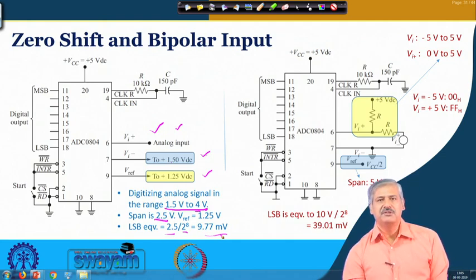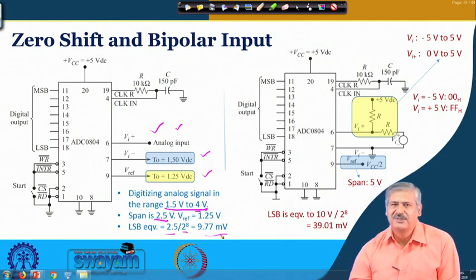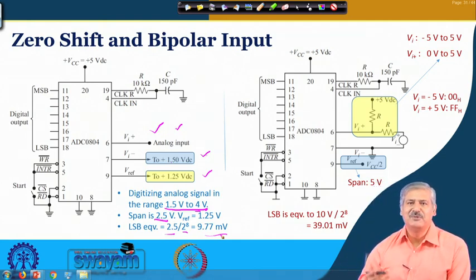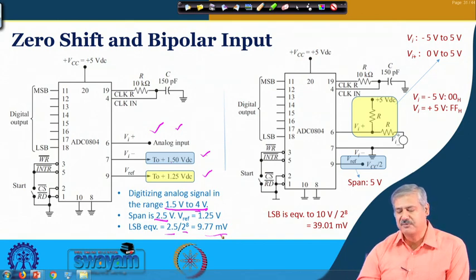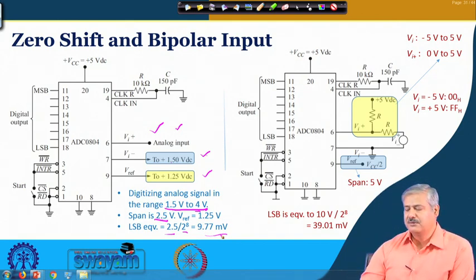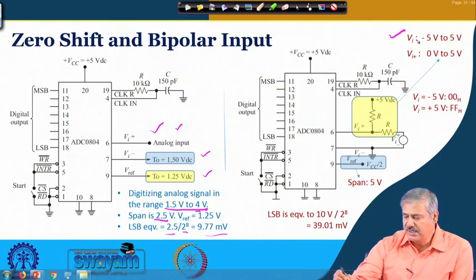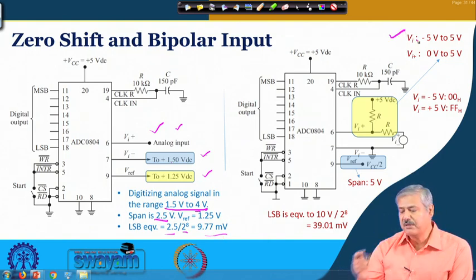And can we use bipolar input? Earlier we had seen all the inputs in earlier examples from 0 to some other value, or 1.5 to some other higher positive value. Here is an example where we see how we can use a bipolar input. The Vi in this case is minus 5 volt to plus 5 volt.